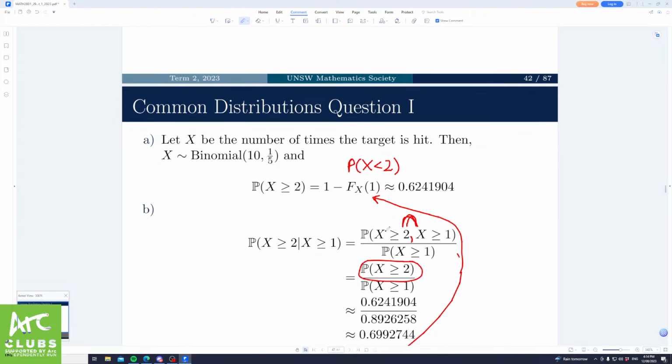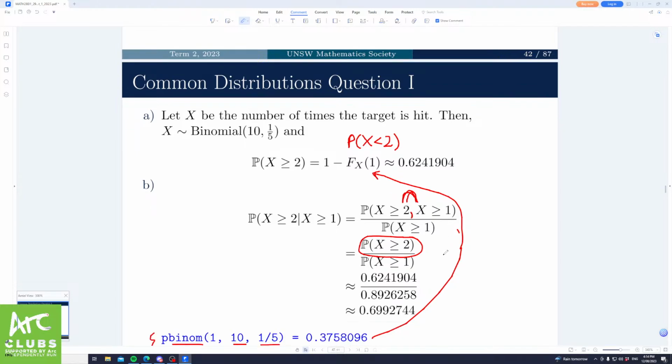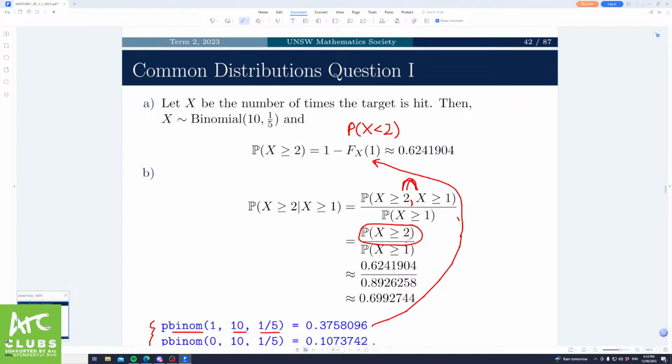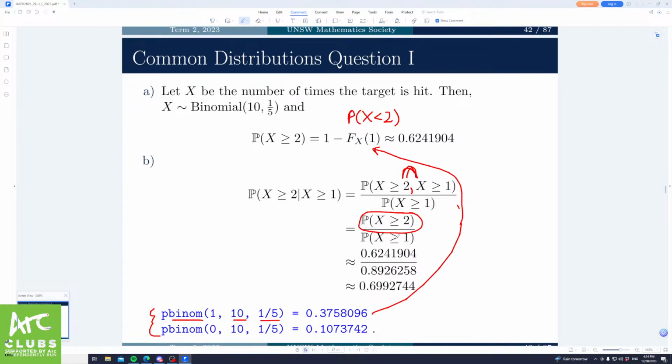Because we know that if X satisfies this condition, it must also be greater than or equal to 1 and satisfy the other condition. So we're just trying to evaluate X is greater than or equal to 2 over X is greater than or equal to 1.